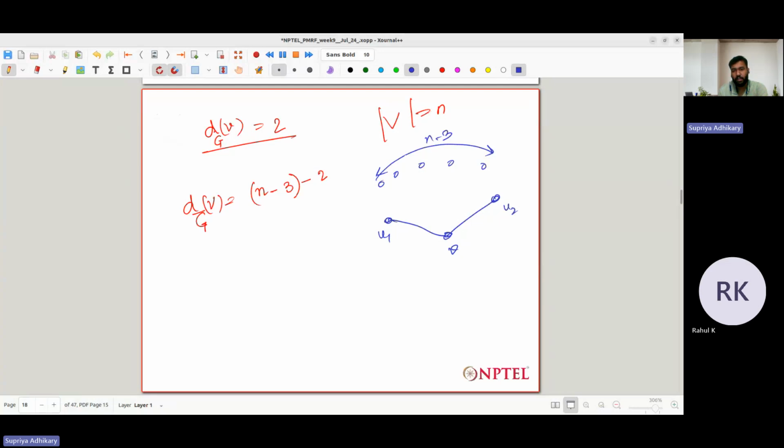So the degree of this vertex V in the complement of this graph is n minus 3. In the complement, these two edges will not be there, but the other edges will be there.